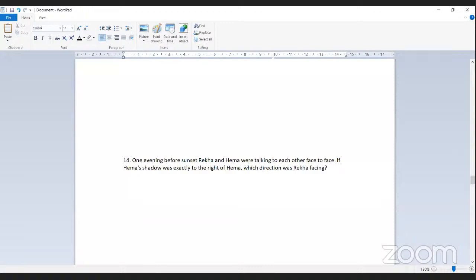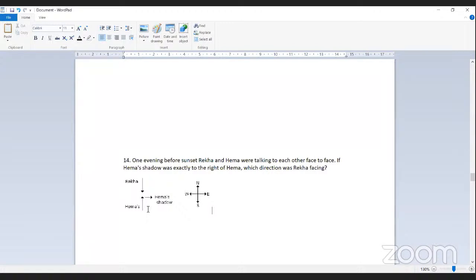Wherever they're standing, the direction would be the same if they're facing each other. You can do it horizontally also and it will be the same, but try doing it this way. Evening before sunset means the sun is in the west, correct? If Hema's shadow is exactly to her right, imagine you are Hema and your shadow is to your right.